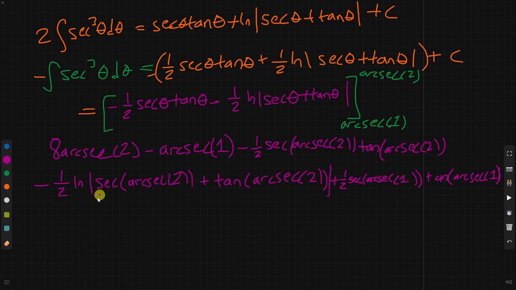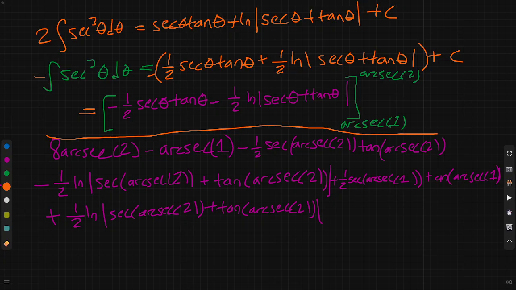Right? And again positive 1/2 natural log of the absolute value of secant of arcsecant of 2 plus tangent of arcsecant of 2. All right? Now, this is actually going to be our final answer for the integral. I know this was a lot, but this is our answer.